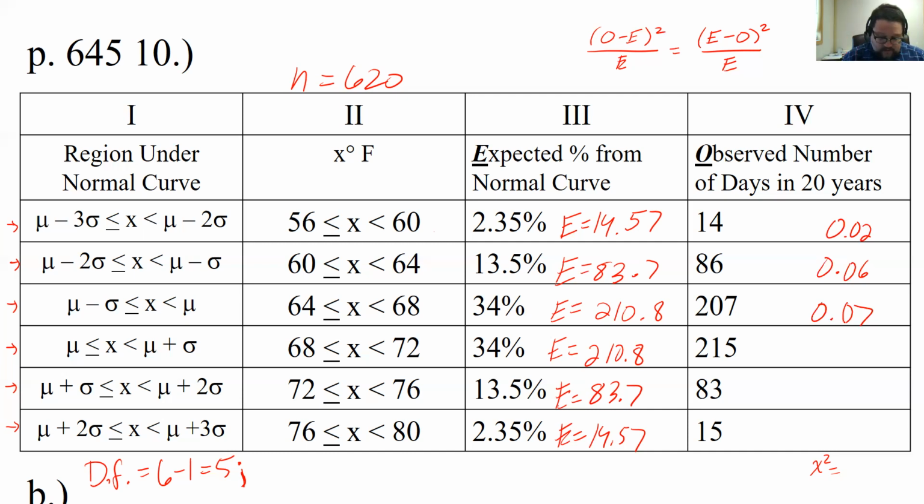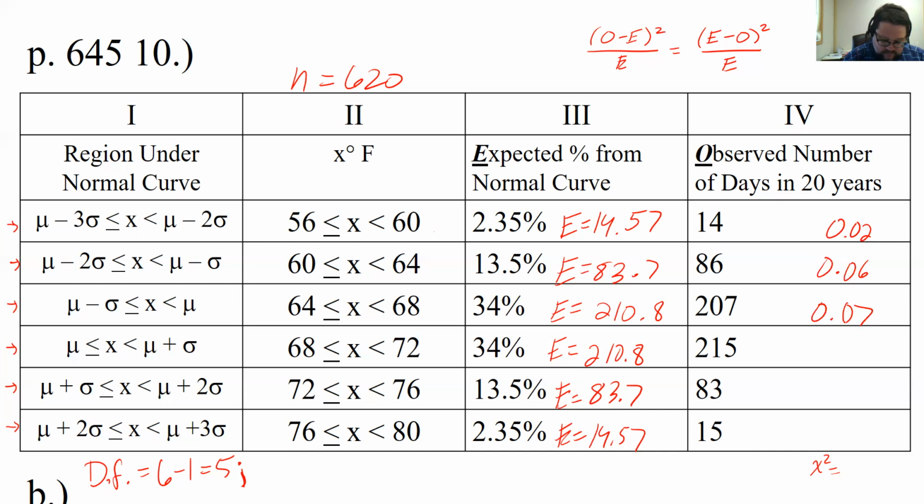So the larger the chi-squared, the more likely you're going to reject it. The smaller the chi-squared, the less likely you're going to reject the null hypothesis. Just looking down the line, my prediction is this is probably not going to get rejected, but we'll see.